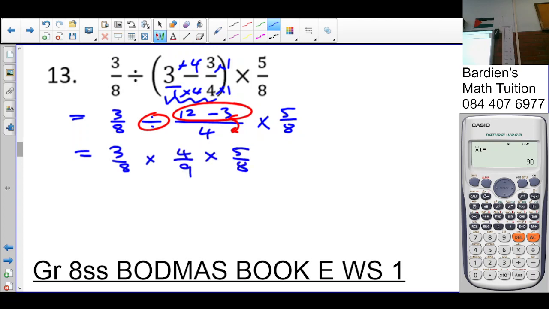Now I can cross cancel. Not so? 3 goes into 3 once, 3 goes into 9 thrice. 4 goes into 4 once, 4 goes into 8 twice. So on top I'm left with 5 over 2 times 3 is 6, times 8, 48. Is that correct? Who got that right? Right?